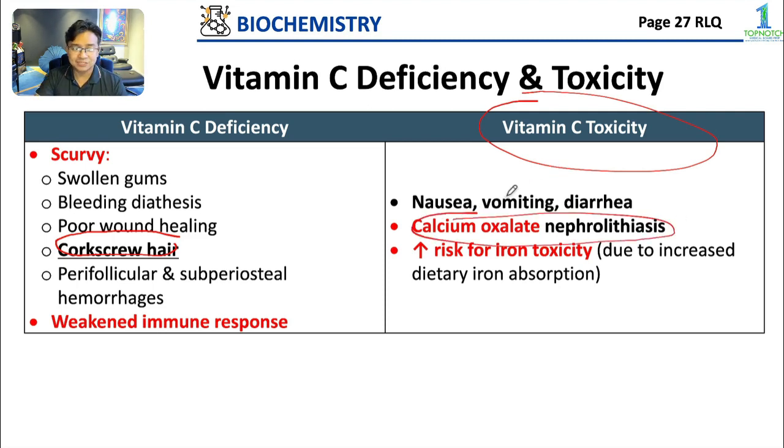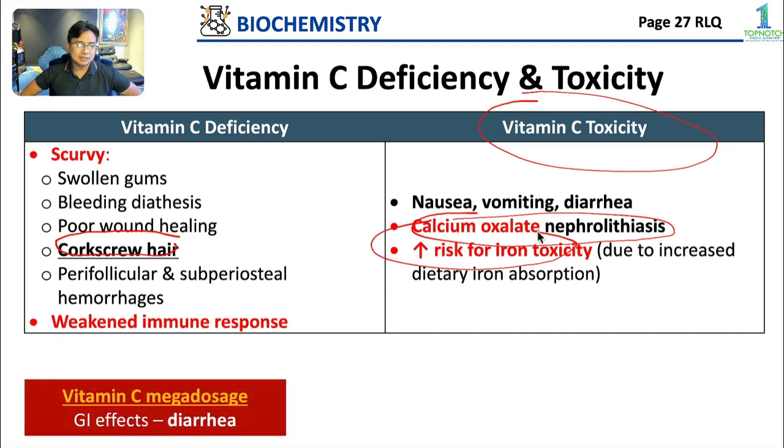And as mentioned, guys, vitamin C can increase the absorption of iron in the body. Therefore, large amounts of vitamin C can lead to risk for iron toxicity in the process. And take note that vitamin C mega dose can lead to GI effects, mainly diarrhea. So if you take large amounts of vitamin C, pwede ka magka-diarrhea.